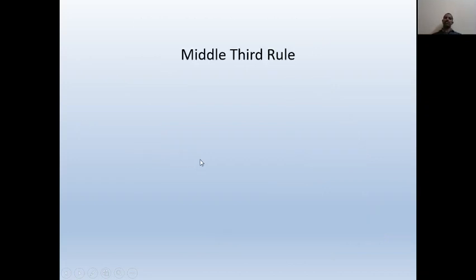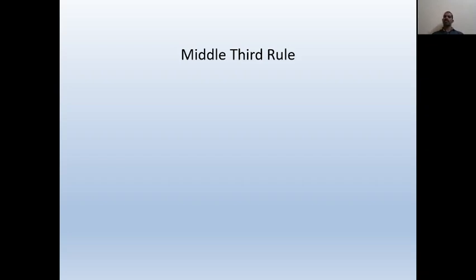Now we need to discuss the middle third rule. So what is the middle third rule? It states that when you divide the base of a dam or a retaining wall into three parts, the base, let us say B, is divided into B by 3, B by 3 and B by 3, and the resultant passes within the middle one third portion, that is the middle B by 3, then the dam will not be subject to any kind of tensile stresses anywhere.